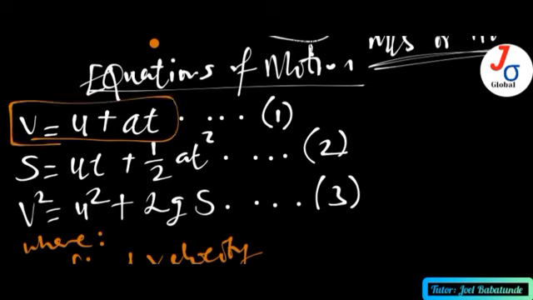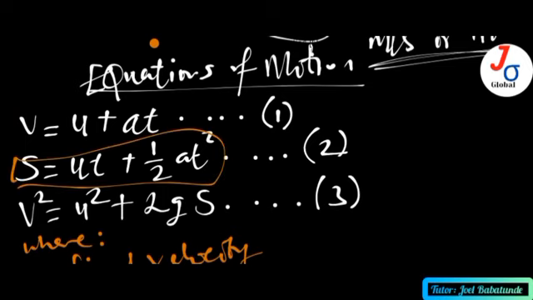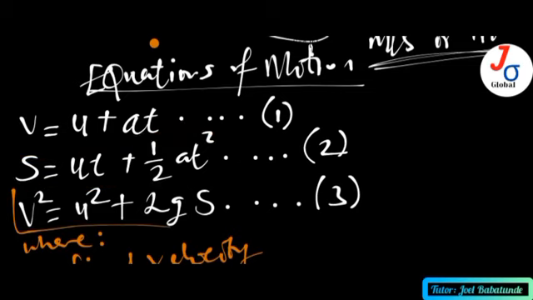V, final velocity, equals initial velocity plus acceleration times time. That's what is there. Then this S is distance covered, equals initial velocity multiplied by time plus half of the acceleration times time squared. Then this is final velocity squared equals initial velocity squared plus 2 times, oh, pardon me, where did I see G?